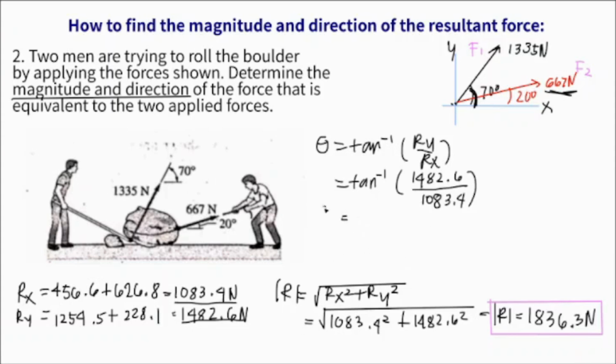Let's input that on the calculator. The answer is 53.84 degrees. So that's our direction. Let's mark this: this is the magnitude, and this is the direction of our resultant force.